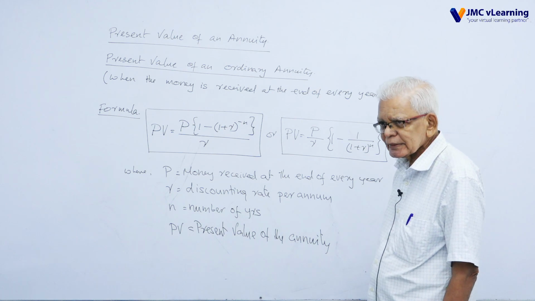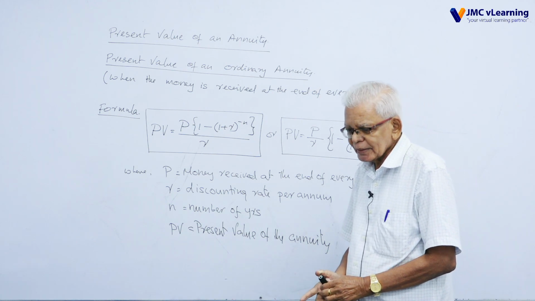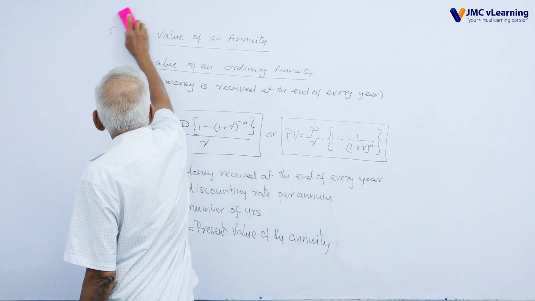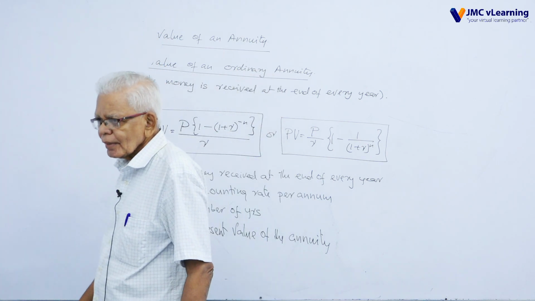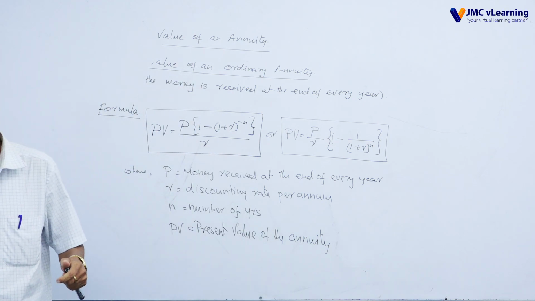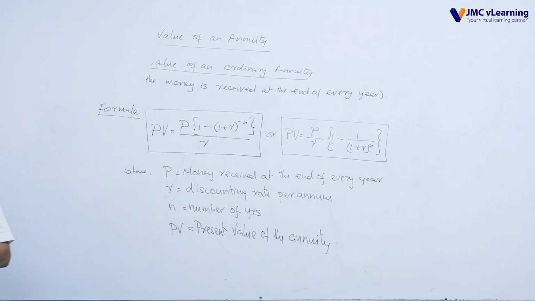Now we will do a few questions on loan payment and amortization, those things, right? Question number 1. What is the present value of an annuity that pays 10,000 per annum at the end of every year for 10 years if the discount rate is 12?